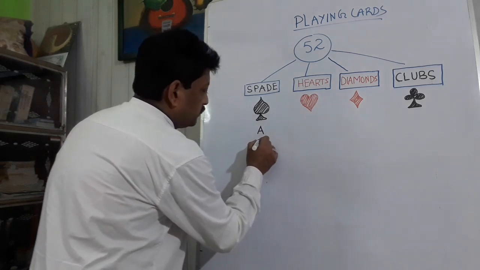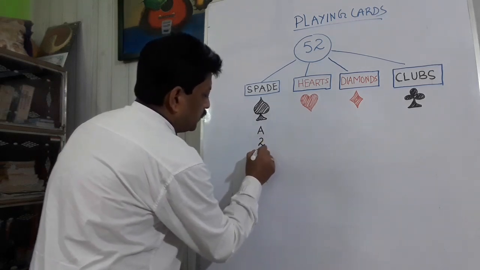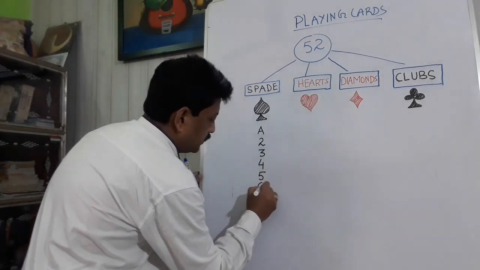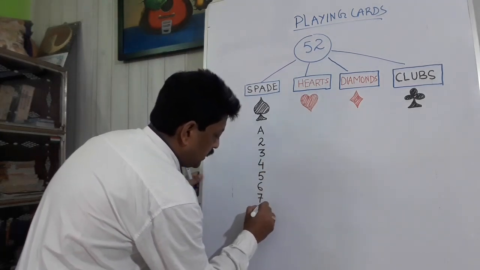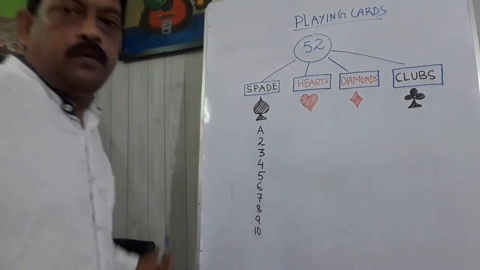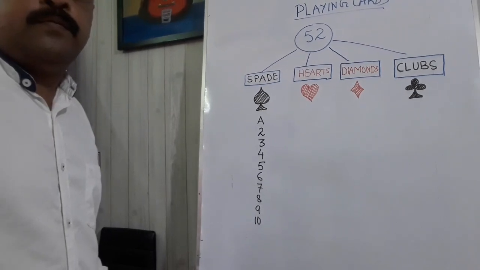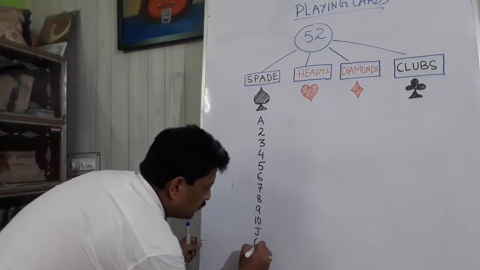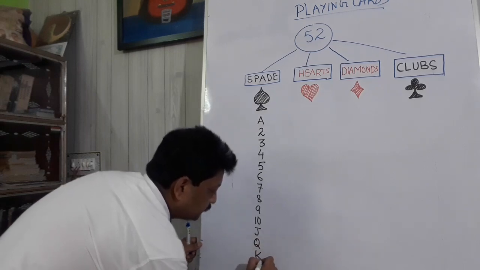The second one is 2, then 3, 4, 5, 6, 7, 8, 9, 10. Then J, Q, K.